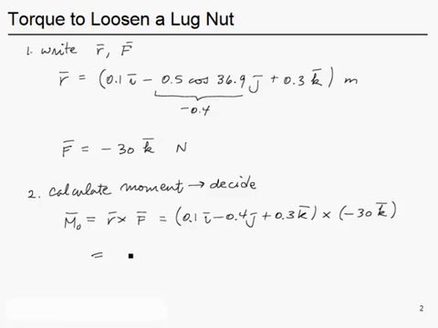This just turns out to be 3J plus 12I. That's going to have units of Newton meters. So there is our moment vector around the origin O.